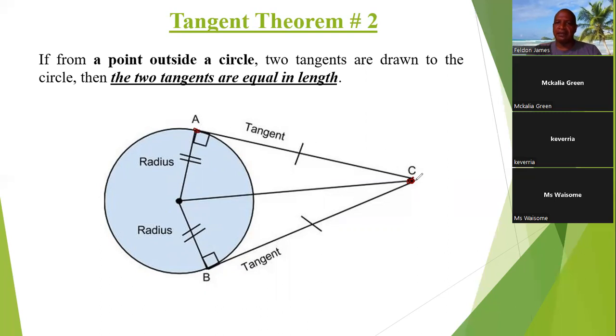So this line from C to A will be tangent to the circle at A. And if you draw another tangent line from C so that it is tangent to the circle at B, then what they are saying is that the two tangent lines are equal in length. That means the length of the line BC is the same as the length of the line AC. Is that clear, guys?